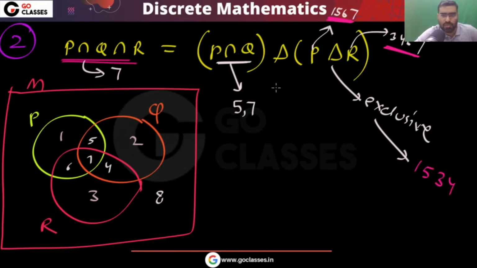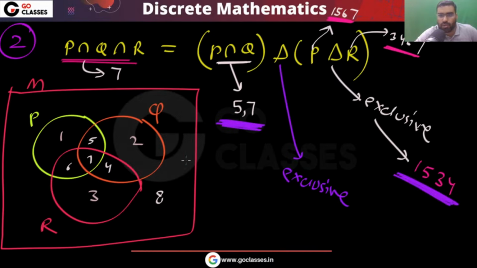Now you tell me the exclusive here and here. That exclusive will be 1, 3, 4, 7, right? Yes or no? That exclusive is 1, 3, 4, 7. So this is your exclusive.